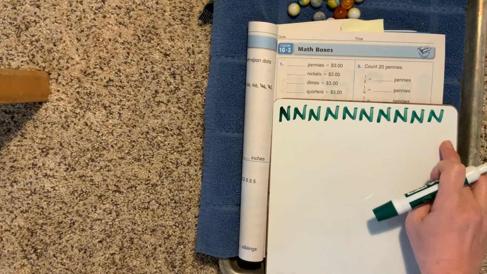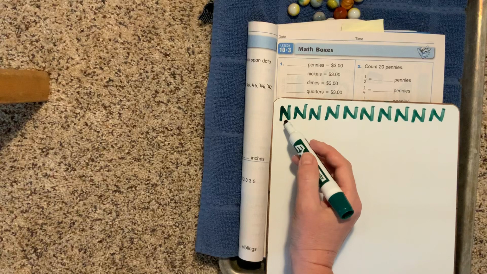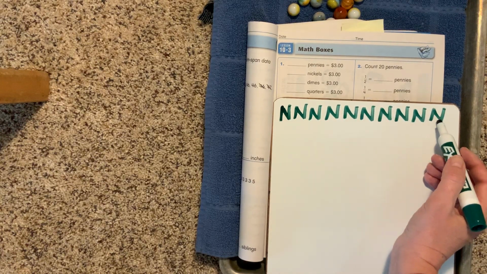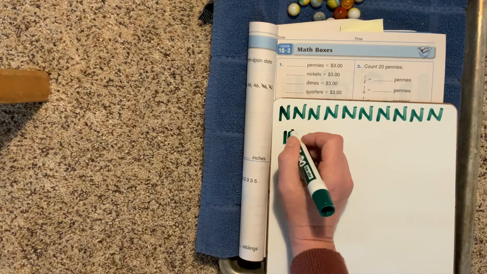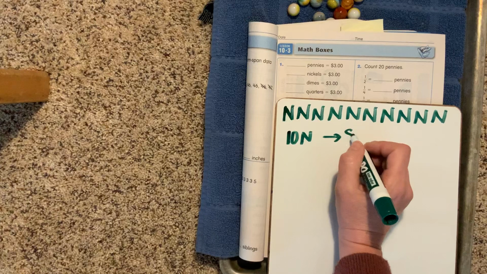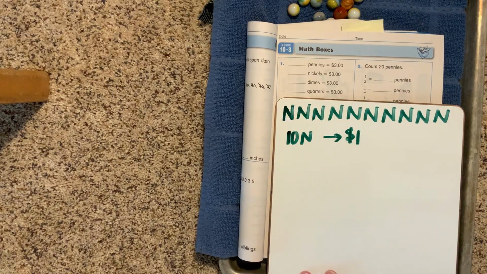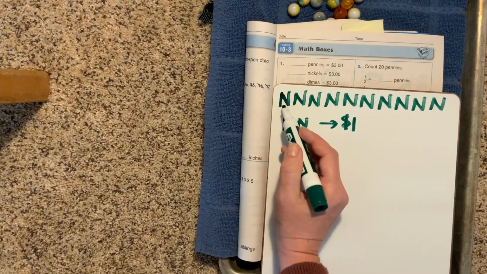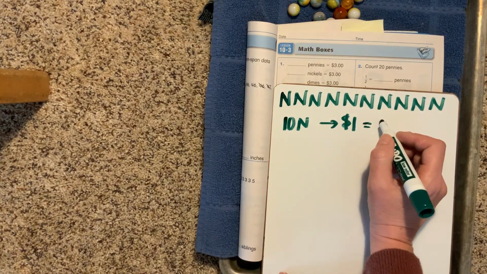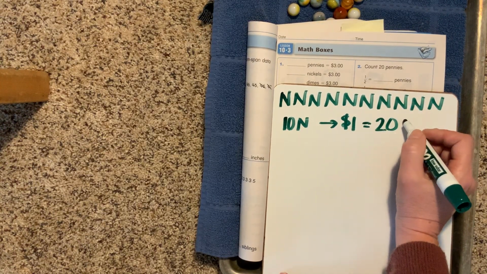So if I just count it again, that would give me $1. So 1, 2, 3, 4, 5, 6, 7, 8, 9, 10. Another 10 nickels would bring me up to $1. So 10 and 10 means 20 nickels. $1 is equal to 20 nickels.